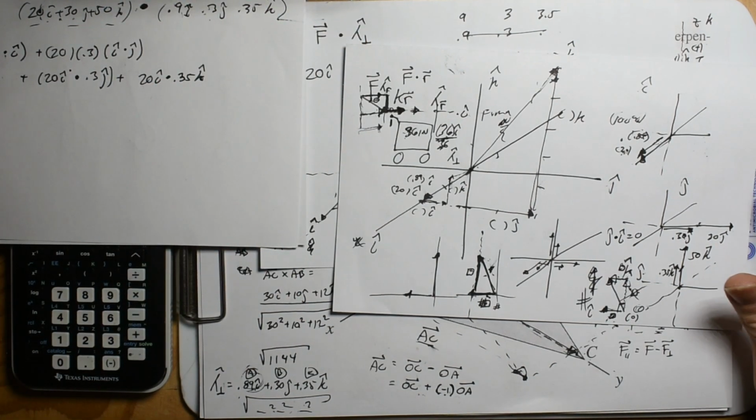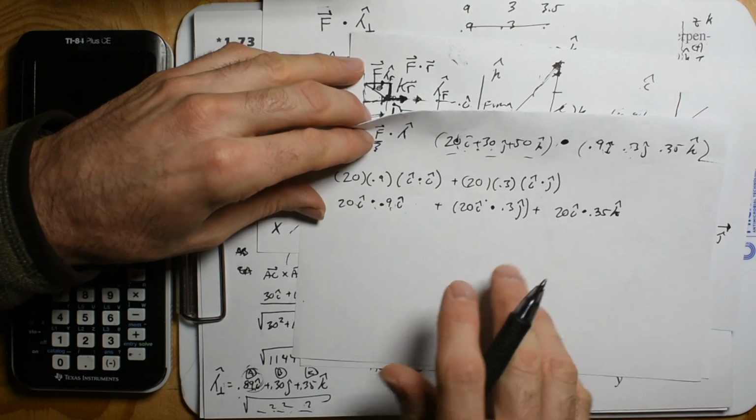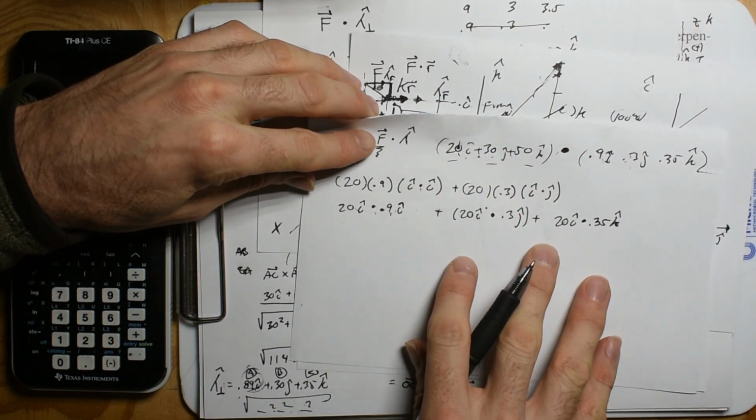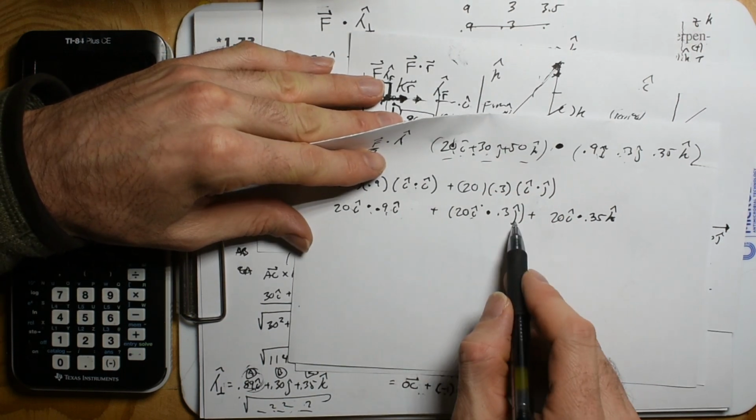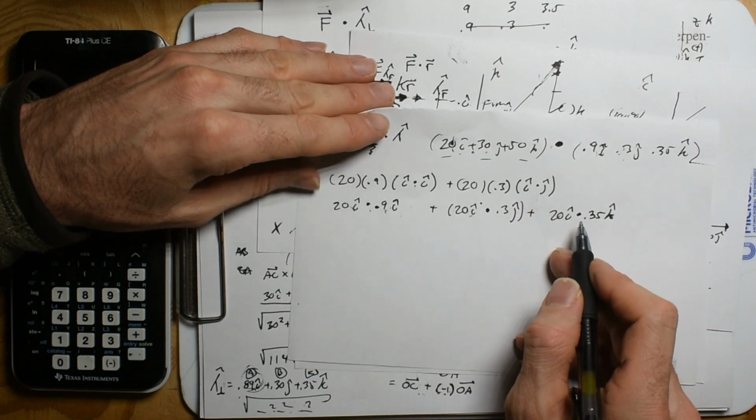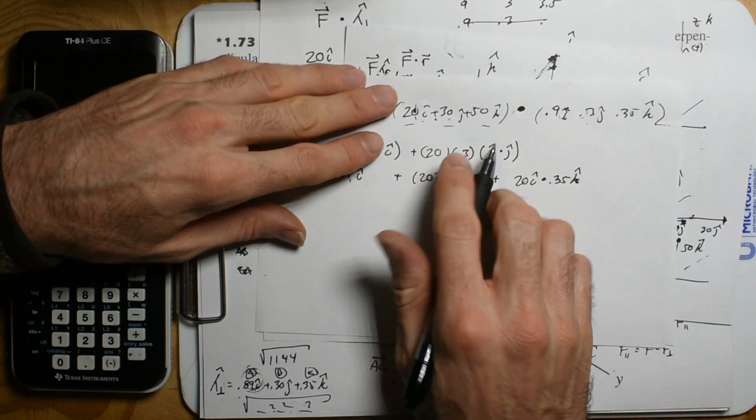Alright, so that totally sucked, but no one's going to go over that of why i dot j is 0. You know what I mean? And so you can foil this whole thing through.